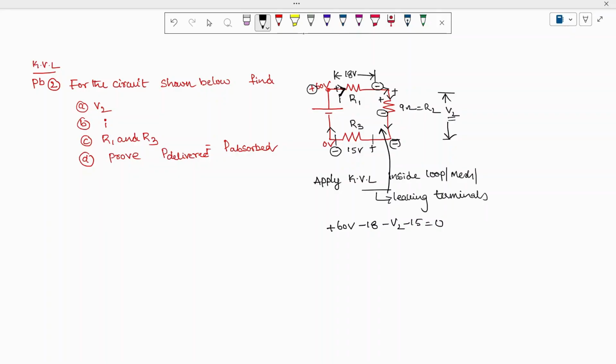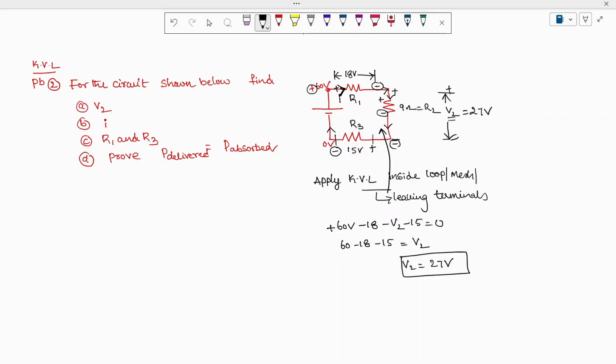When you solve it, 60 minus 18 minus 15 is equal to V2, where V2 is 27 volts. Therefore the voltage V2 is obtained as 27 volts.